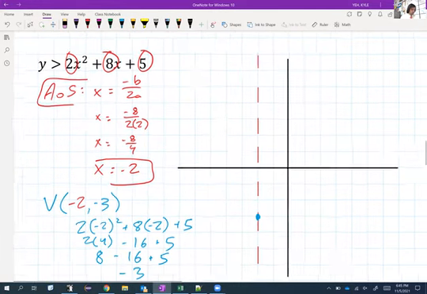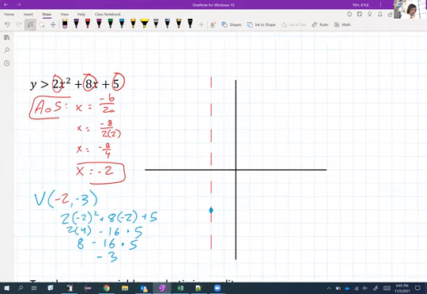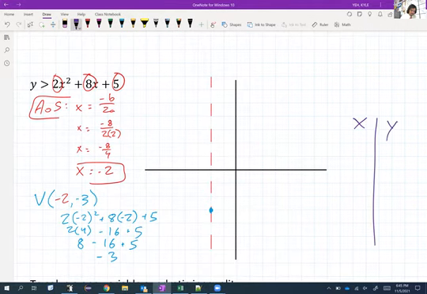Now I'm going to make that the basis of my table, the very center, because again, we know our parabolas are symmetrical. If I know negative 2, negative 3 is on this parabola, then I'll just go negative 1, 0, negative 3, negative 4, a couple points on either side of the vertex, and start plugging in.